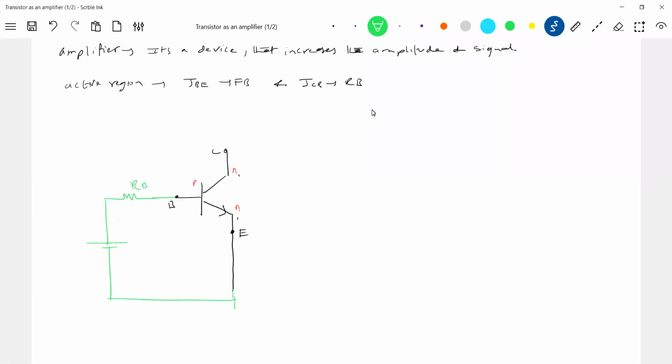If you want to put it this way, you can, or you can leave it like this, it doesn't matter. This particular supply is called VBB. What this will do is the base-emitter junction is forward biased because of this cell, and this resistor will protect the diode from higher voltages.